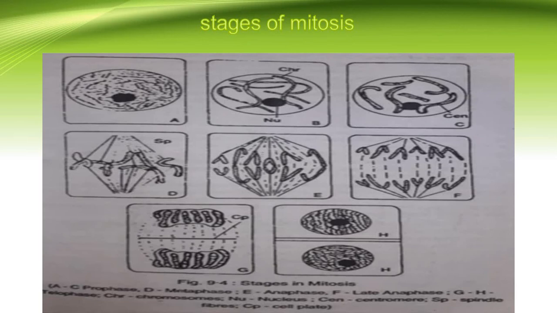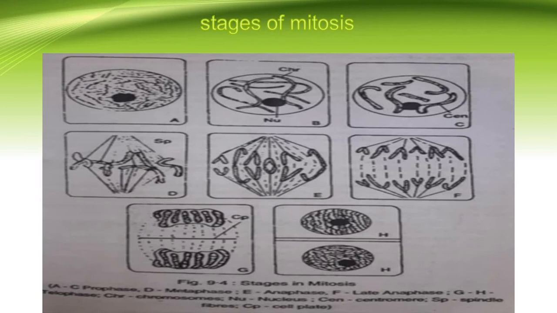This mitosis process is very helpful in the growth of the organisms. It will repair all the body cells with the new cells. The RBC cells will be formed with the help of this mitosis process.